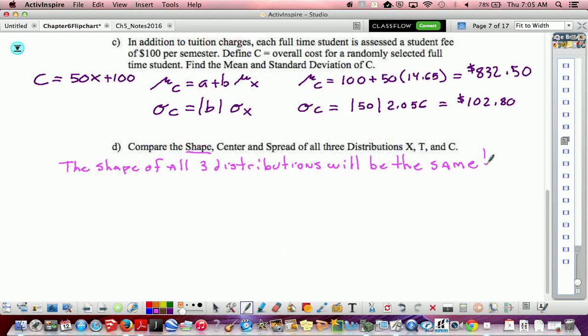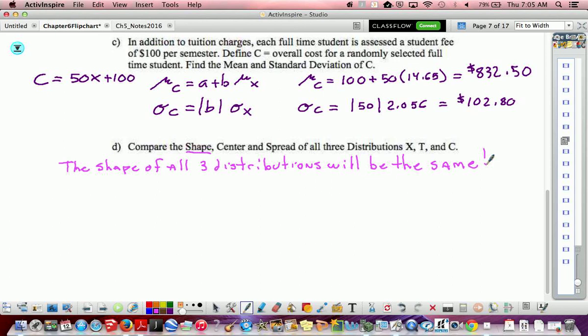They do not change. As we saw on the previous problem when we were talking about the transformed test scores. If the original shape was normal, any transformed distribution will also be normal.